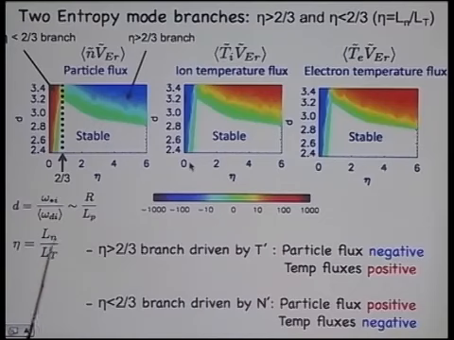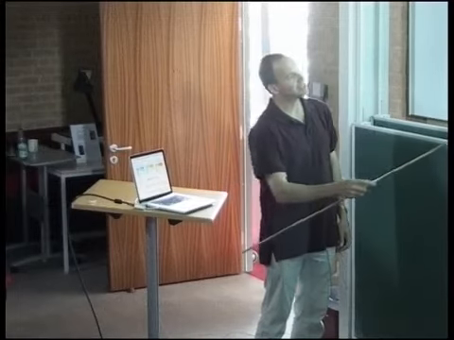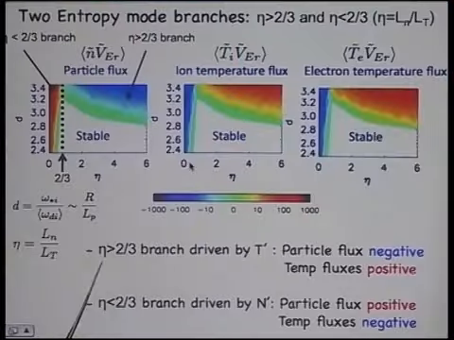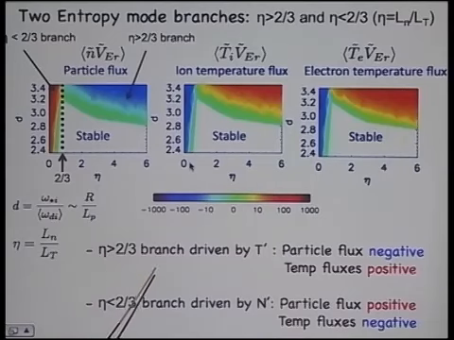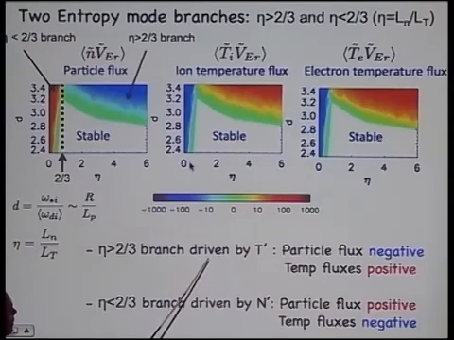The reason for that is that in this eta greater than 2/3 branch, the instability is driven by T prime. Remember, eta is Ln over LT, so when eta is greater than something, it means that T prime is bigger than n prime. So it makes sense that in the large eta regime, T prime is the dominant player. It's the thing that's driving the instability.